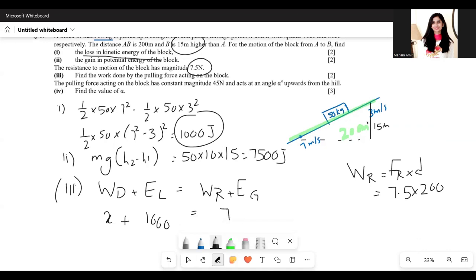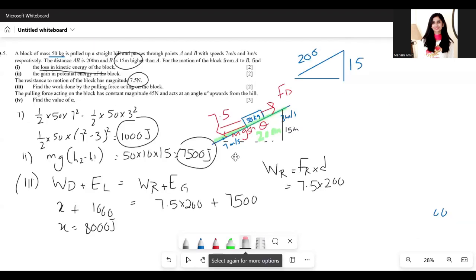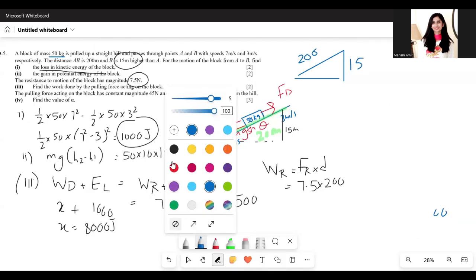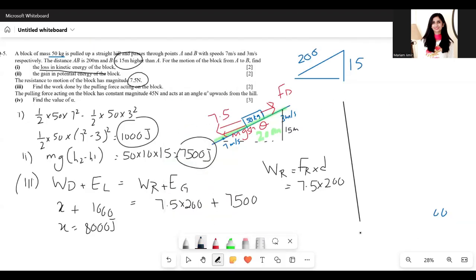So 7.5 times 200, plus the gain in energy, the potential energy increased. That value is 7500 joules. We solve this and get the value of X, which comes out to be 8,000 joules.